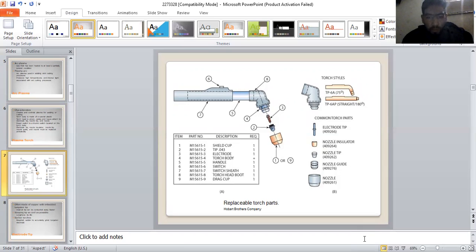It has various parts described by numbers 1 to 8. First is the shielding cup, then the tip, and the third is the electrode, then the torch body, handle, switch, switch seat, torch head, and the trigger. You can see these components in the picture. We will discuss their working and functionality one by one.